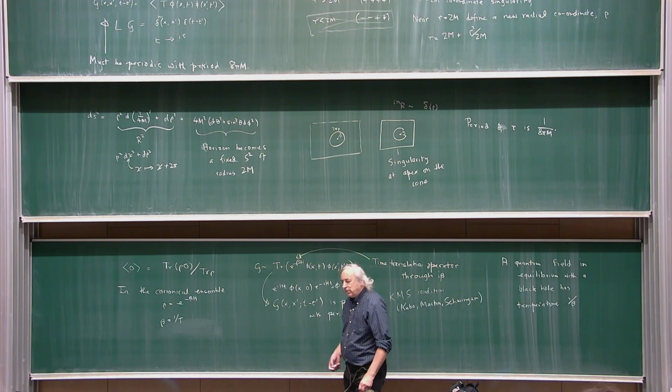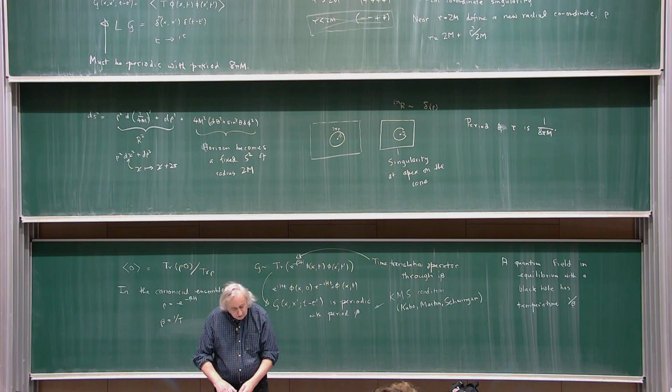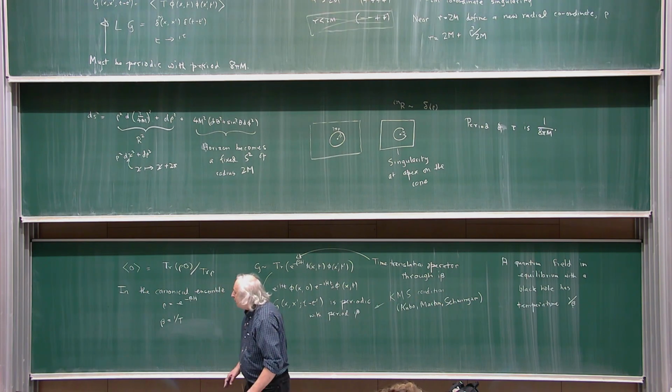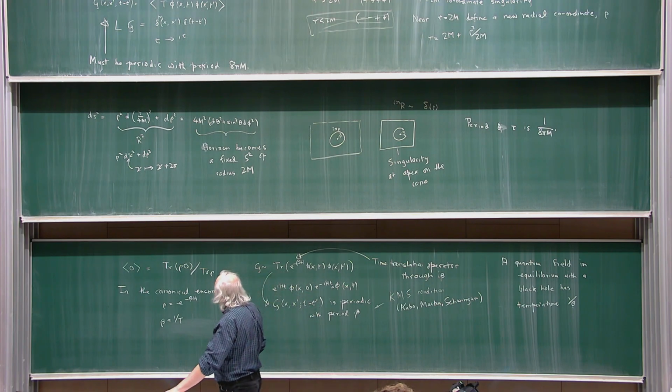So from the zeroth law of thermodynamics, the black hole has that temperature. So that's how you derive the temperature of a black hole. Well, this is one way of doing it.